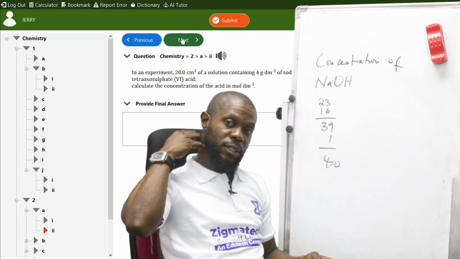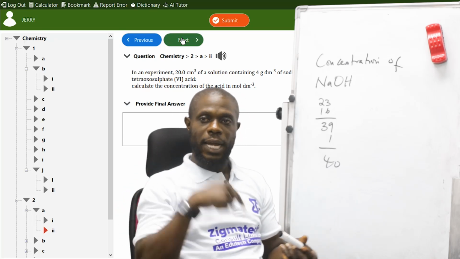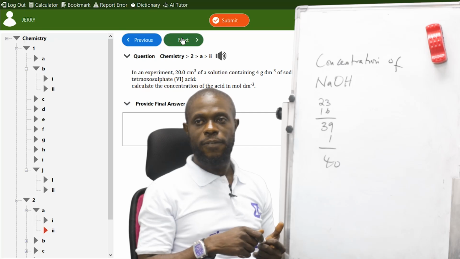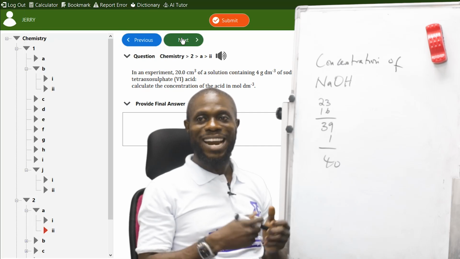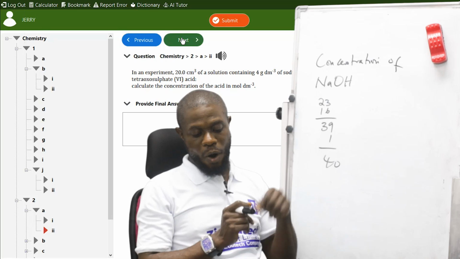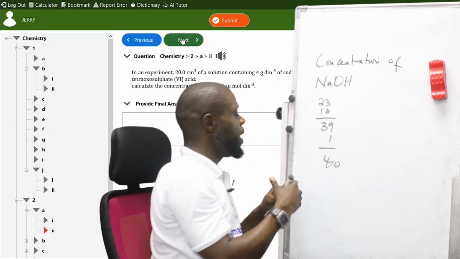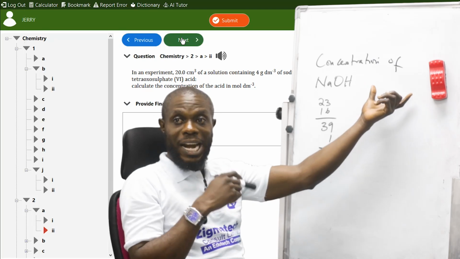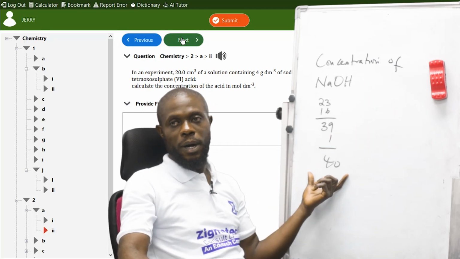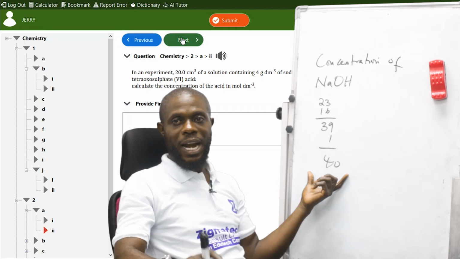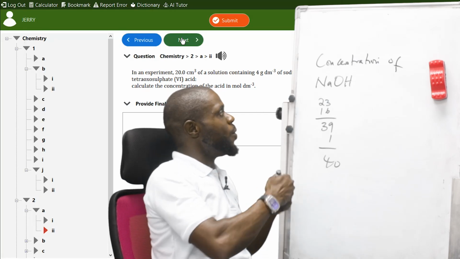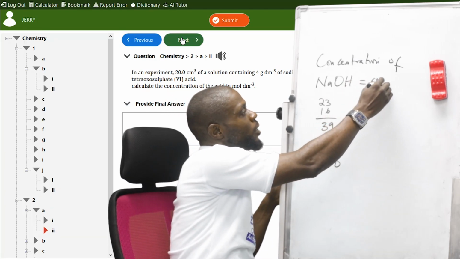Now, if you check the question we gave, they say containing 4 grams. So if it's 4 grams, then the concentration is going to be 4 grams divided by the molar mass. We have seen that NaOH is equal to 40.